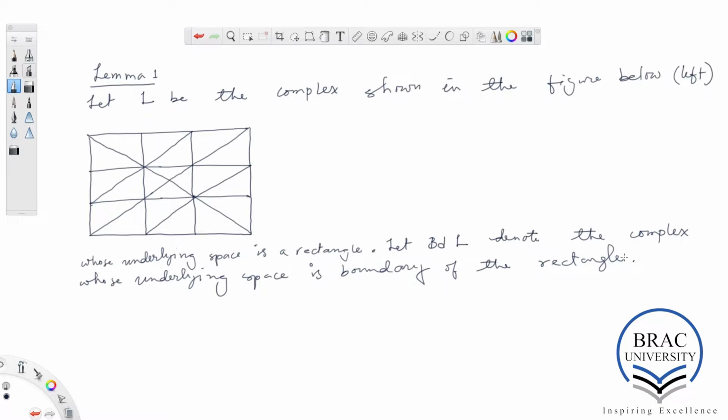So now we orient each of the two simplices in the counterclockwise direction, like this. Each of these two simplices, sigma 1, sigma 2.